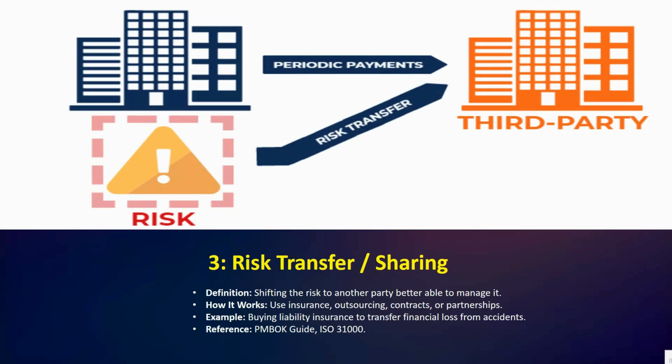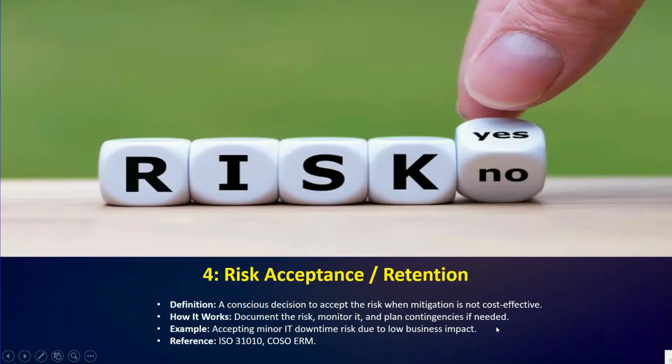The goal is to move the financial or operational consequences away from your organization. Next we have the example: buying liability insurance to transfer financial loss from an accident. I hope this is clear.